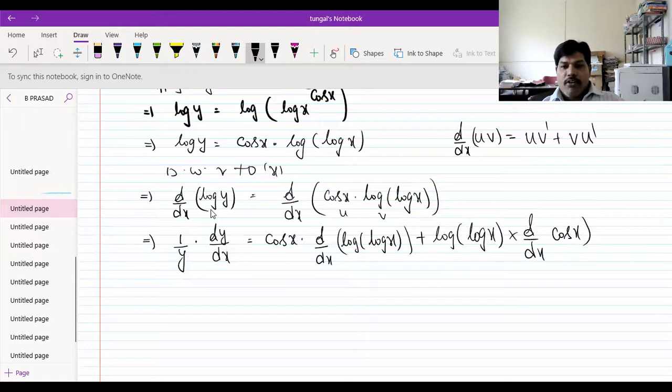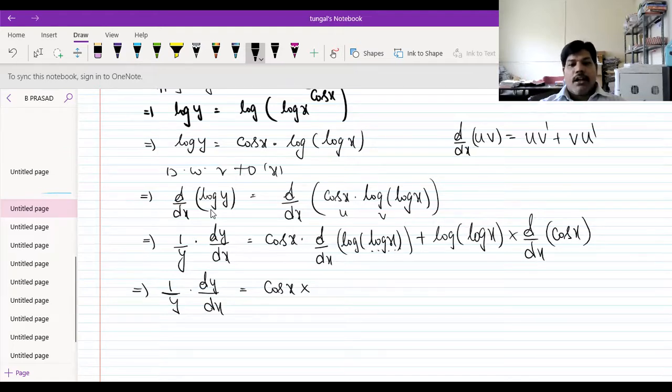So that implies 1 by y into dy by dx is equal to cos x into, see this one students, it is the log f of x. What is the f of x here? Log x. Log of log x is in the form of log f of x. What is the log f of x derivative? 1 by f of x.